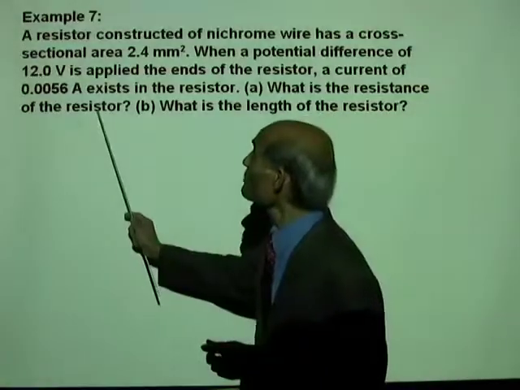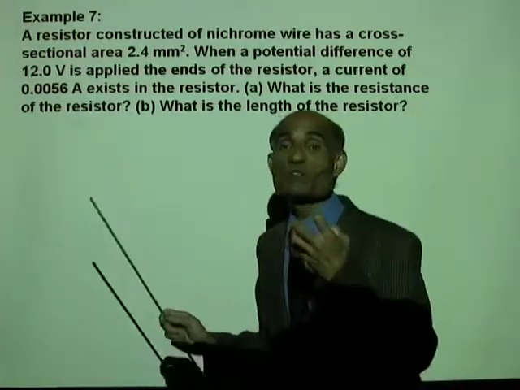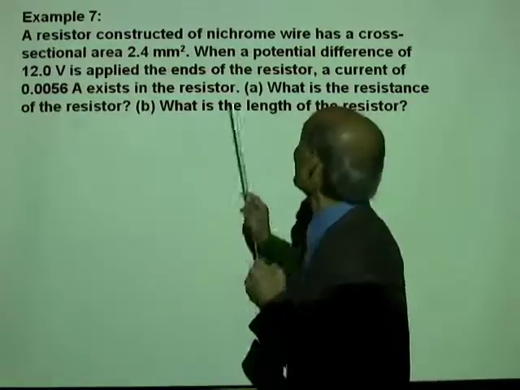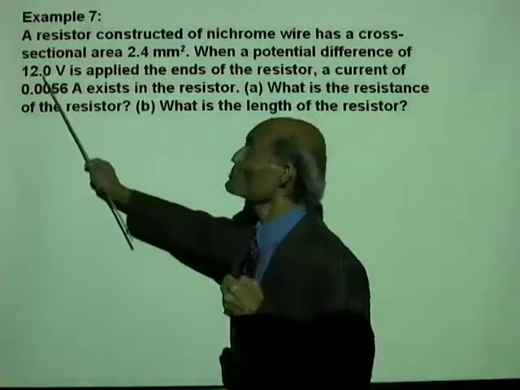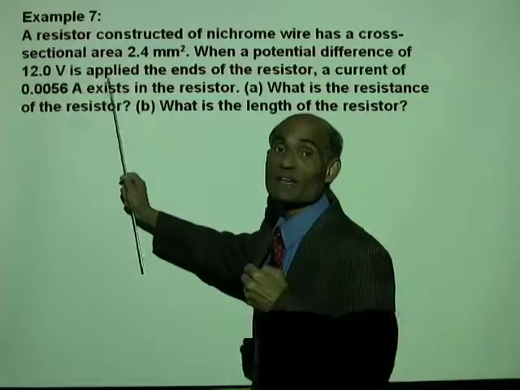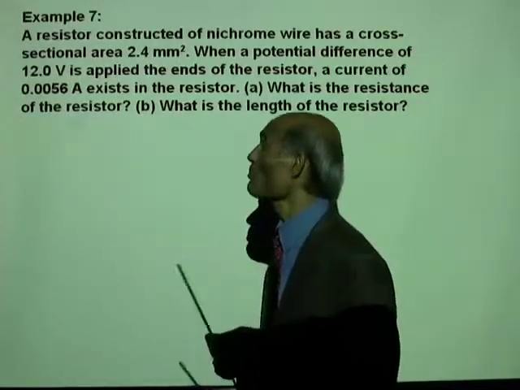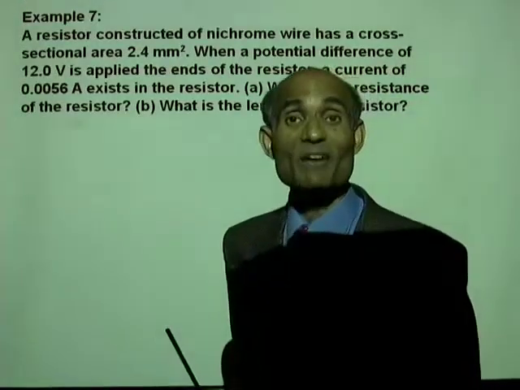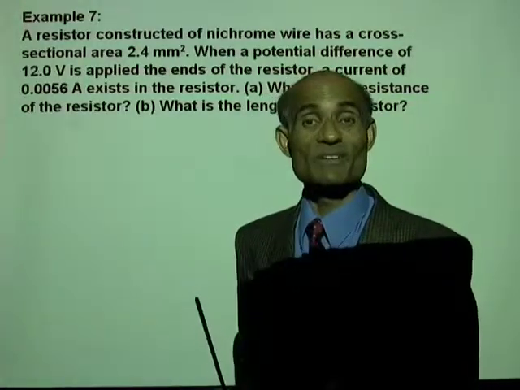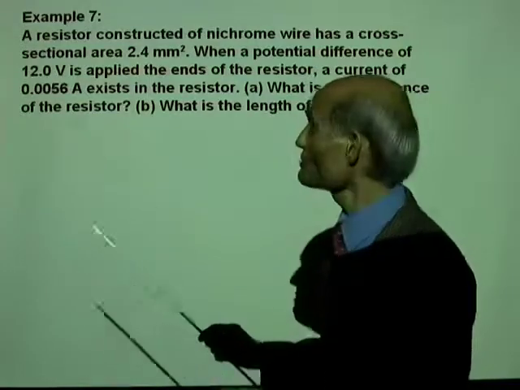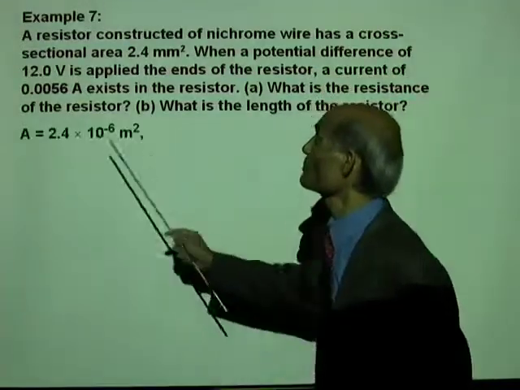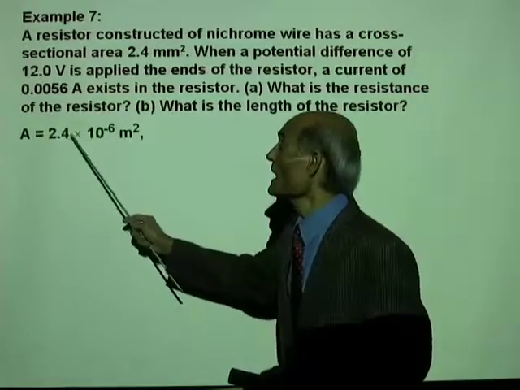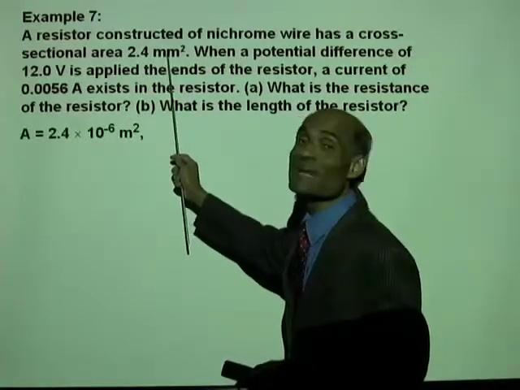Well, to calculate the resistance, we need the potential difference and the current. Is that right? When a potential difference of 12 volt is applied, there is a current of 0.0056 ampere. Can you calculate the resistance? Yes. Alright, we will start by calculating the resistance. The area of cross-section of the wire is given as 2.4 millimeter square.